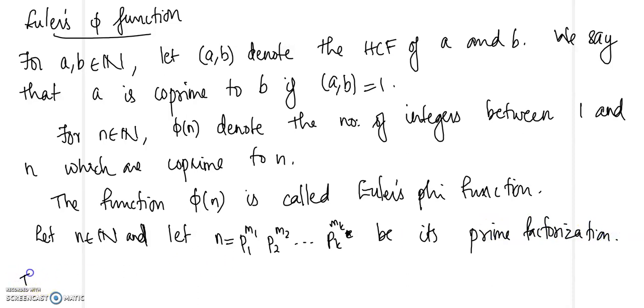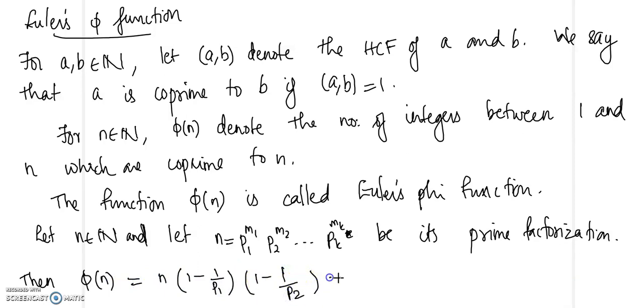Then phi of n is given by n into 1 minus 1 by p1, 1 minus 1 by p2, etc., 1 minus 1 by pk. So this is the expression for phi of n using the prime factorization of n.